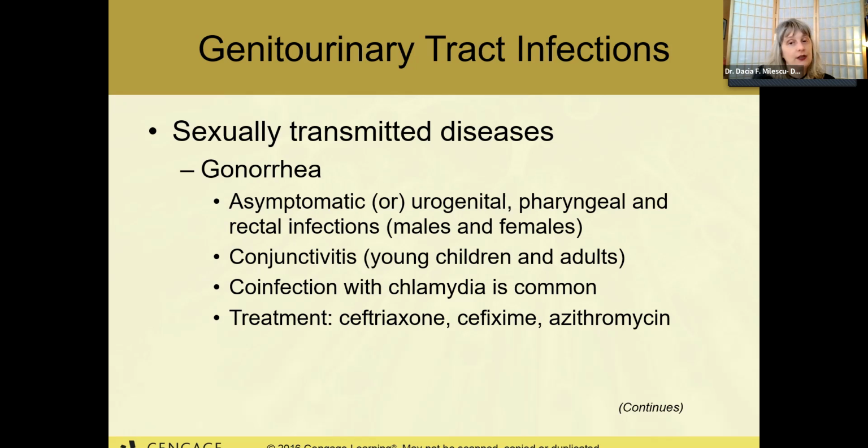Obviously, young children for other reasons, but adults for sure through sexual practices. You can also, unfortunately, end up with two, not one. It's a 2-for-1 deal. No one likes that. Chlamydia is often together with gonorrhea, so a co-infection is quite common. All right, so there's that.